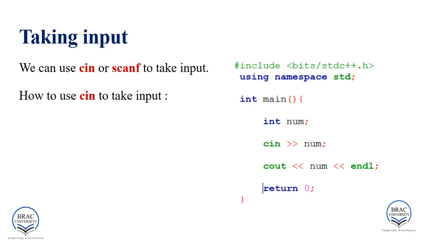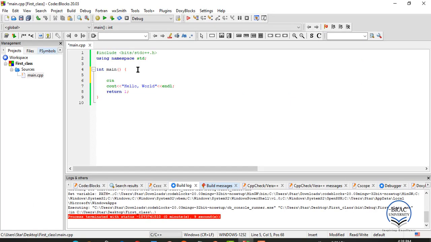Taking input. You can use cin to take input and cout for output. Let's code. Let's say I want to take a number as an input, so I will write int a, then cin a, then cout.